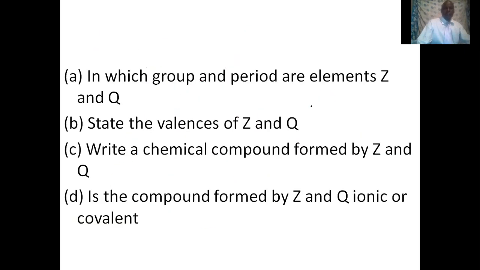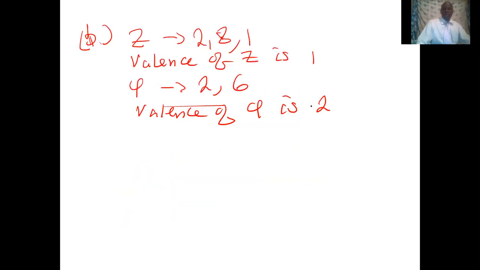Number C, write a chemical compound formed by Z and Q. The chemical compound depends on the valence.